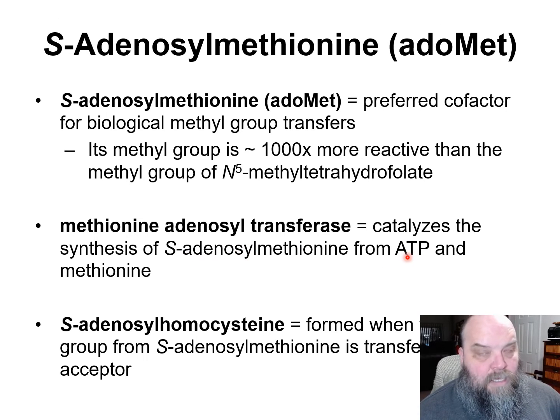Adenosyl is AMP taken from ATP that's had the terminal two phosphates removed from it. S-adenosyl homocysteine, when you take the S-adenosyl methyl and transfer it to an acceptor, this is what's left.